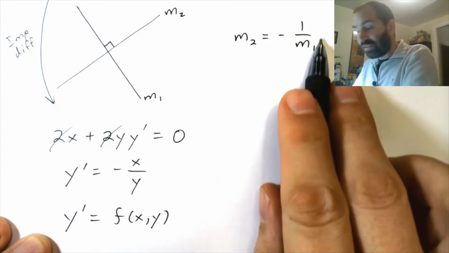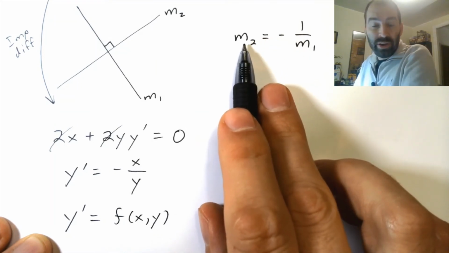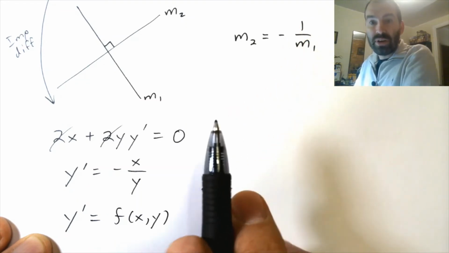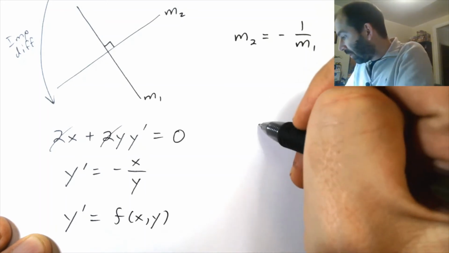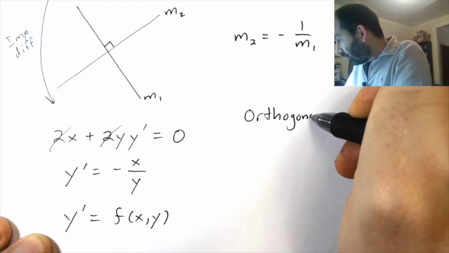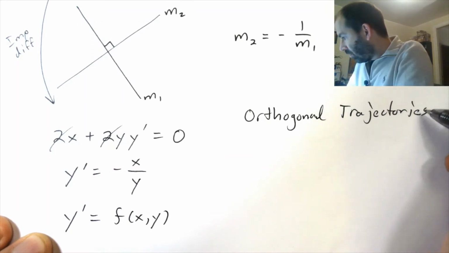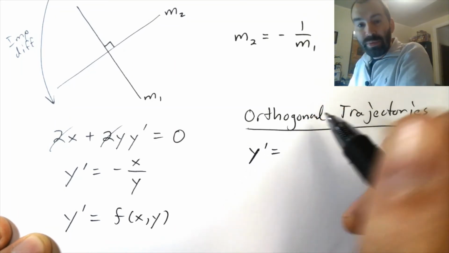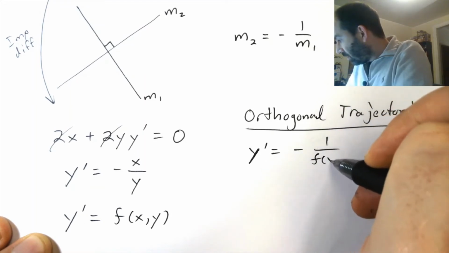Well, I'm going to use this, right? The slopes of those new curves that end up being lines in this case has to be the negative reciprocal of the slopes of the circles. So it must be the negative reciprocal of f, right? So for my orthogonal trajectories, I'm going to set up a new differential equation, y prime equals the negative reciprocal of this.